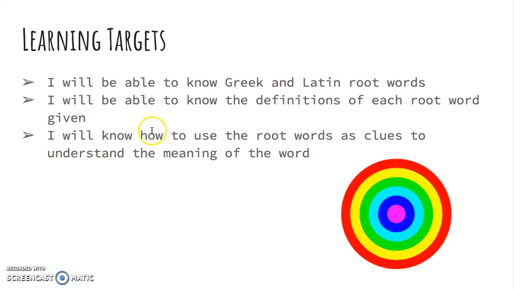And I will know how to use the root words as clues to understand the meaning of the word. And as we could see with each part, we can see that this part meant this, and if you add this part, it means this, and how all of those definitions make its own definition for the word.